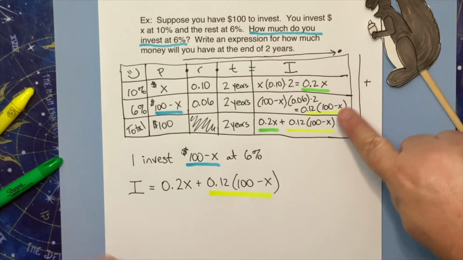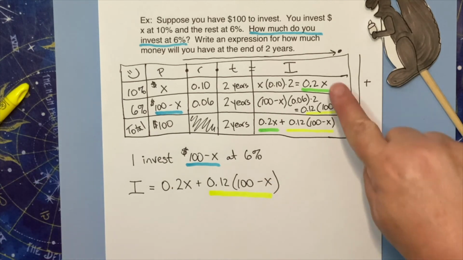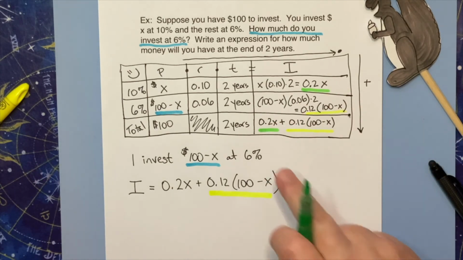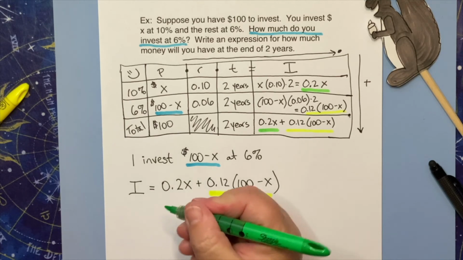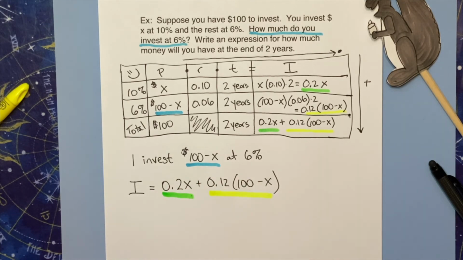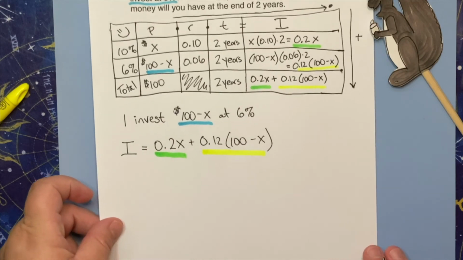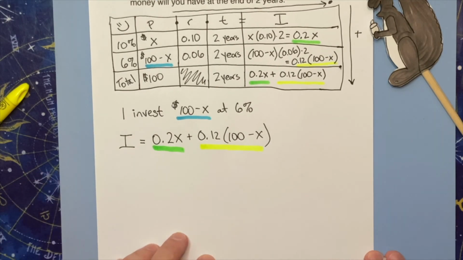That's the 6% piece. And the green piece is from 10%. And then if I want to come up with a really nice expression, I'll probably want to simplify this. So let's see if we can't multiply this out a bit.